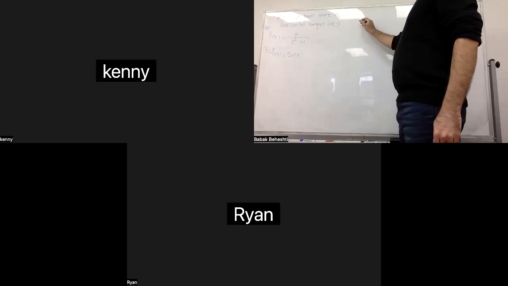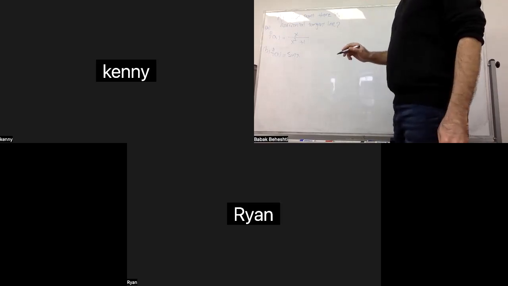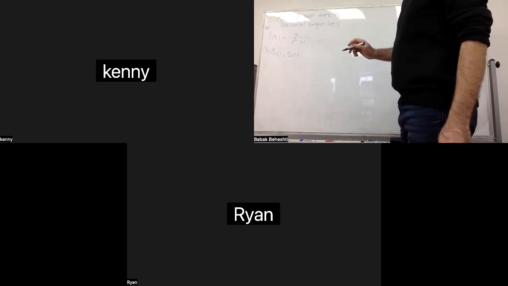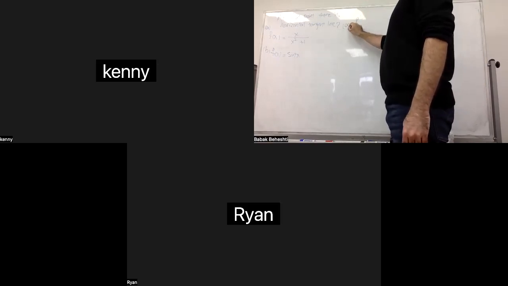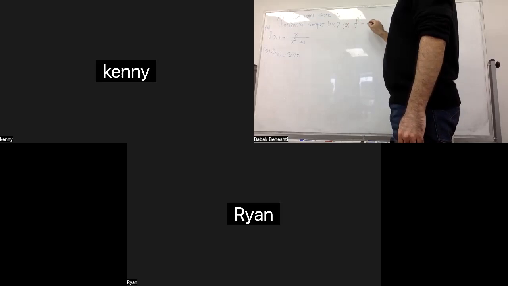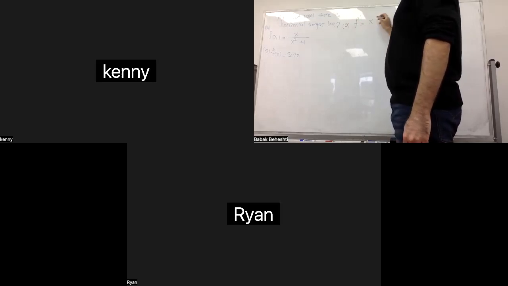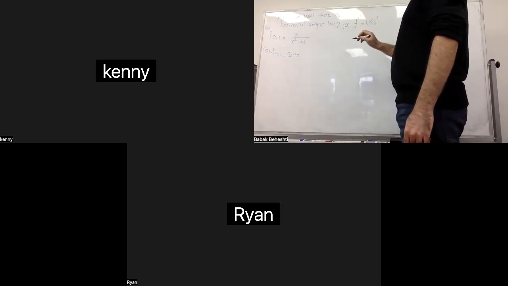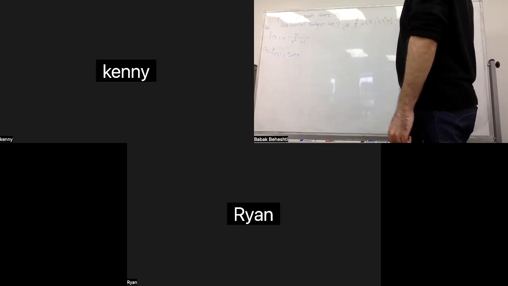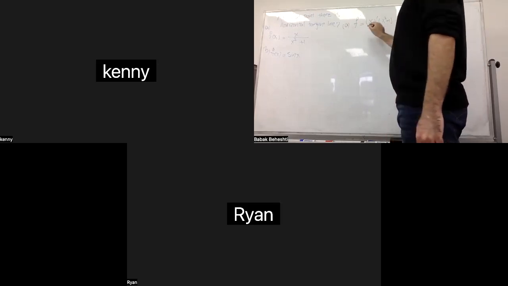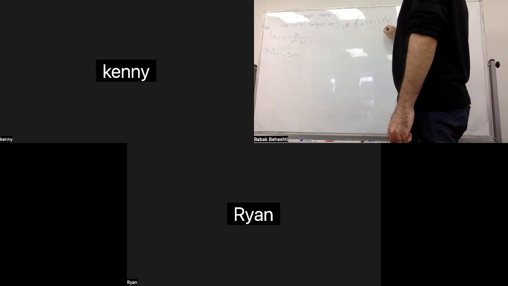So let me just begin. For part A, the first one, f prime is, let me write it step by step: the derivative of the numerator times denominator minus the derivative of the denominator times numerator over denominator squared.